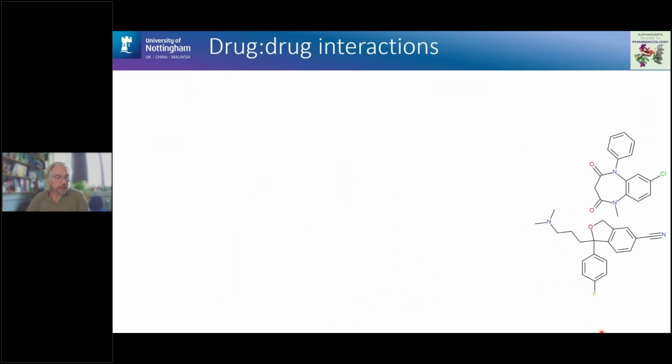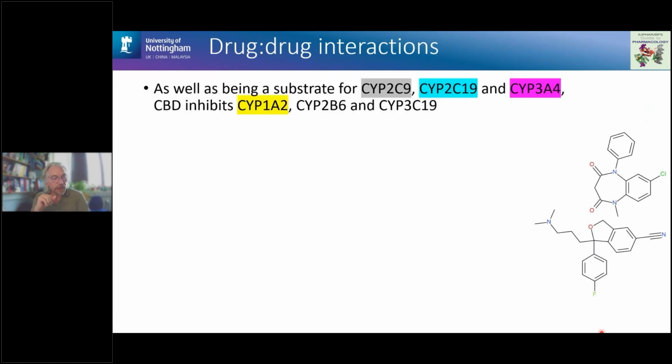And as was alluded to just a second ago, one of the key things that we look at in terms of cannabidiol is not necessarily what it's doing on its own, but what it's doing in combination. And that liver metabolism of cannabidiol can be quite influential. So I've already mentioned that those 3 cytochrome P450s, 2C9, 2C19, 3A4, are ways in which cannabidiol is metabolized, but there's also evidence that cannabidiol can interfere with other cytochrome P450s.